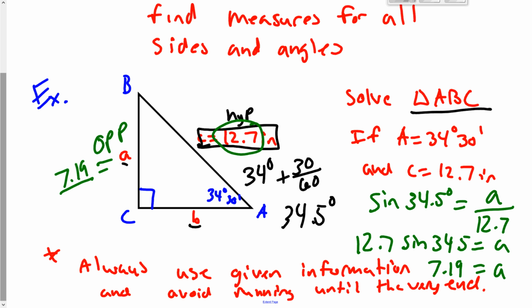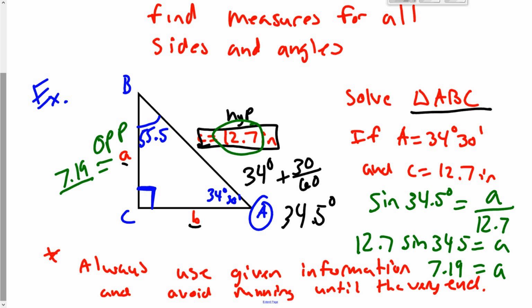I can use angle A again, or I could find angle B. Because C is 90, angles A and B have to add up to 90. So we take 34.5 and subtract it from 90, which is going to be something with a 0.5. So B is 55.5 degrees, or 55 degrees 30 minutes.